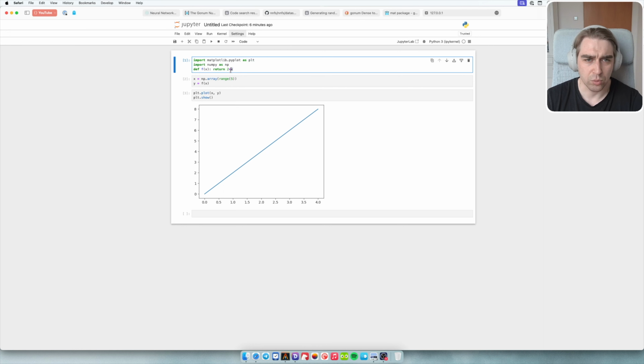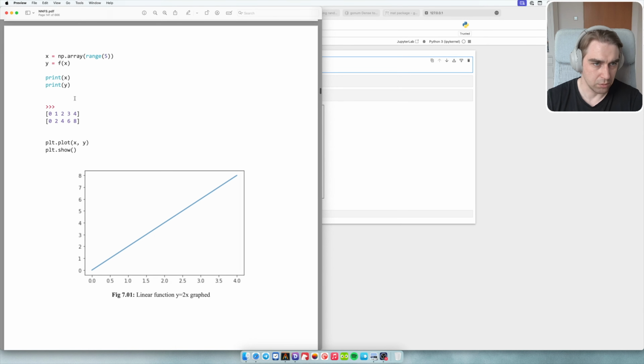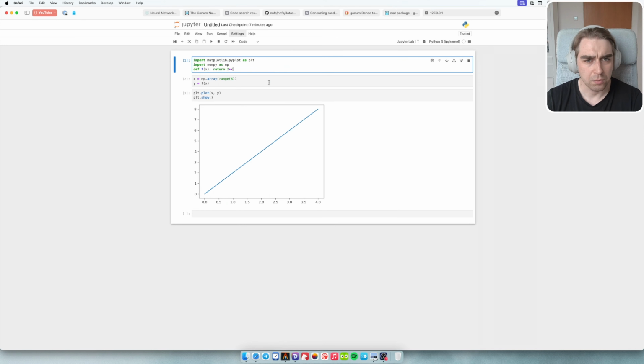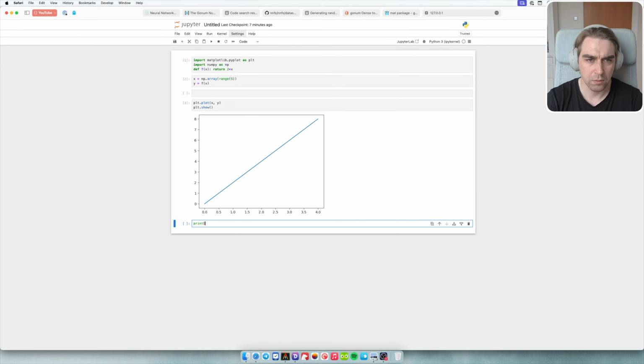If it were a two-dimensional array, it would still be applied to all of the values. This is the result: for the input 1, we have the value 2, and for the input 4, we have the output 8. Pretty expected. Yes, so this is the code. Oh, and we can print X and Y. Those are the results.